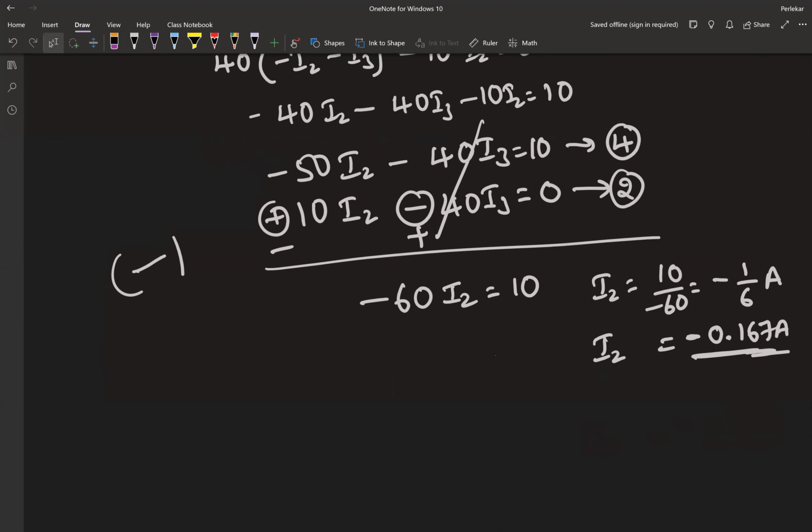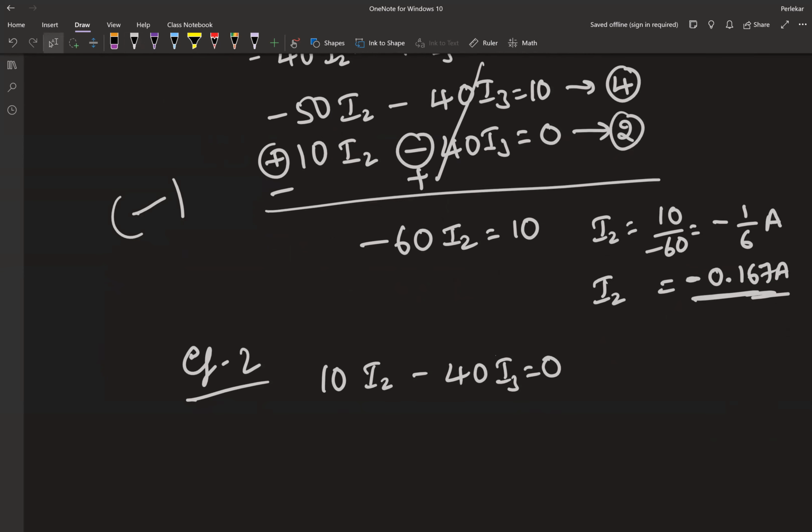Now, since I know I2, I'm going to substitute that value in equation 2. So equation 2, I have 10 I2 minus 40 I3 equal to 0. So I'm going to substitute this here. So 10 times minus 1 over 6 equal to 40 times I3.